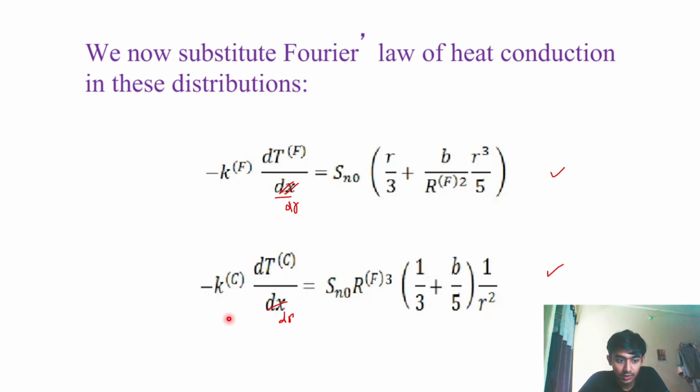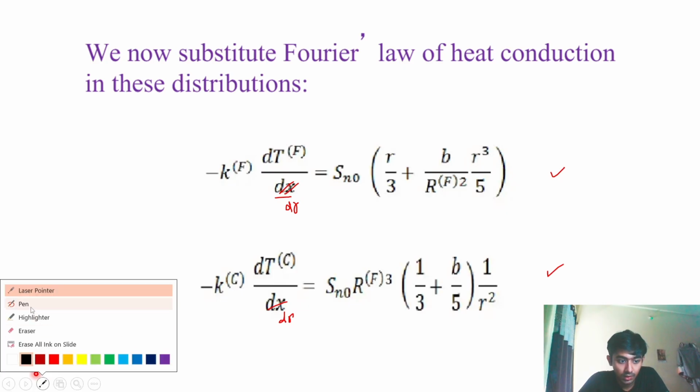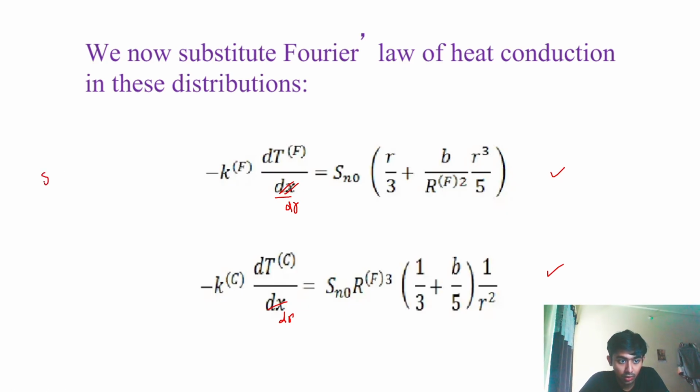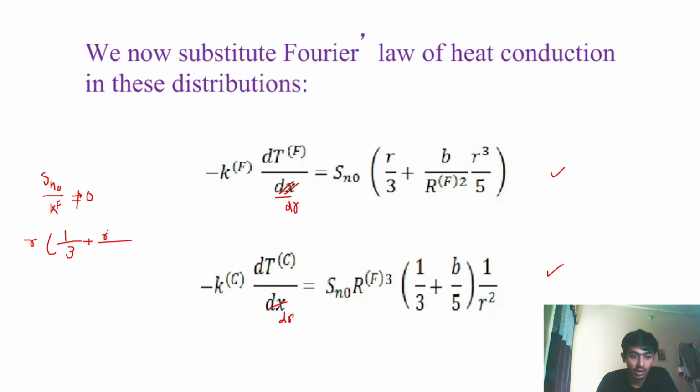Here the SN0 by Kc will be a term, Kf will be a term, and there is a term R by 3, B by RF square, R cube by L. This term can't be 0 because these have positive values. If we take R common, 1 by 3 plus R square.